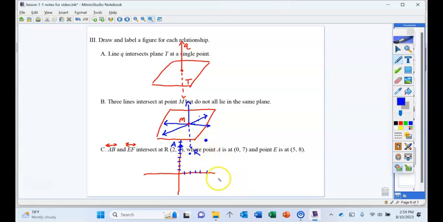All right, and so now we're going to show lines that intersect at point R. Again, we're not given where point B is, so it really doesn't matter where you put it as long as you make it collinear with A and R. Okay, and you don't have to give me any specific ordered pairs as long as you show that it falls on the same line in your sketch.